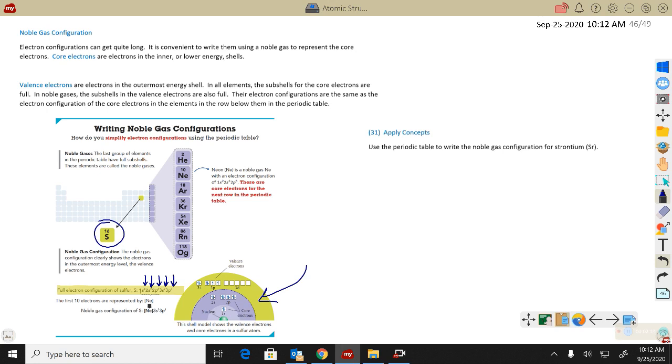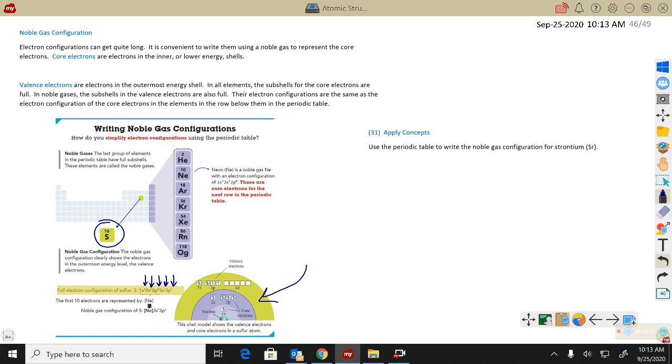Then we'd be a little bit farther out in the 2s and the 2p. Obviously they're not showing all the shapes, but they're showing electrons that are a little bit farther from the nucleus. The 2s is filled with 2 electrons, and the 2p orbitals, there are 3 of them, and they would all be full. Then we would move out to the 3rd energy level, and we'd have the 3s with 2, and the 3p.